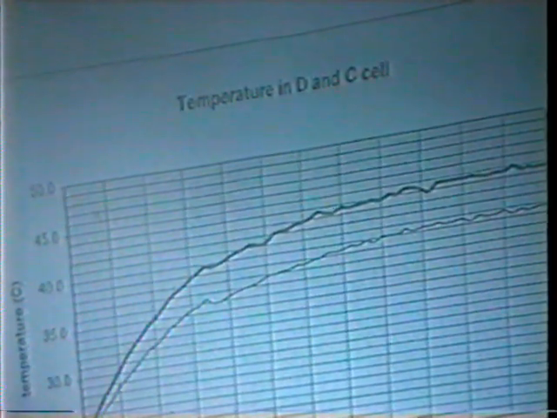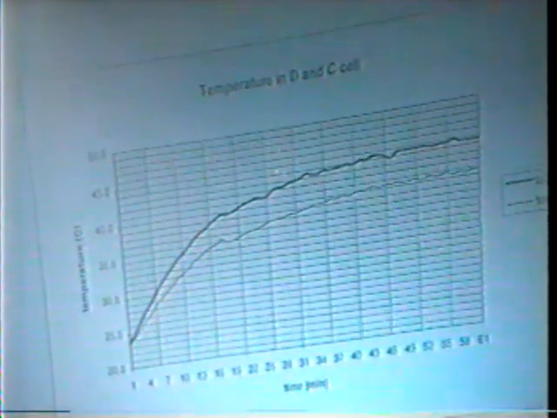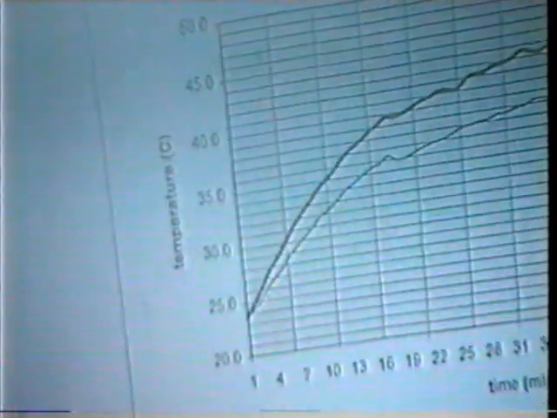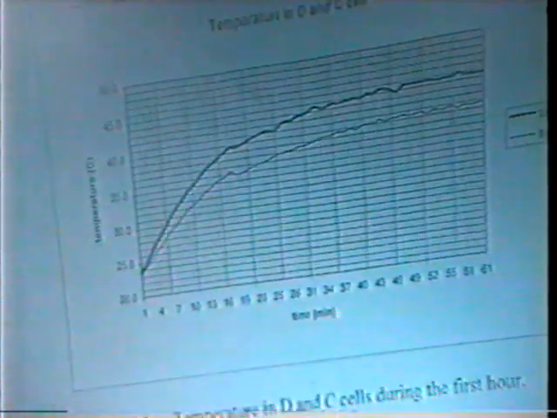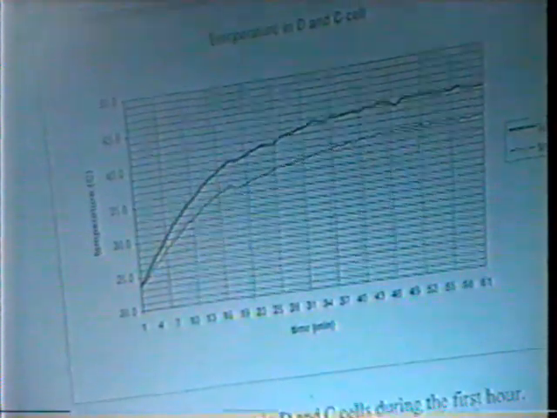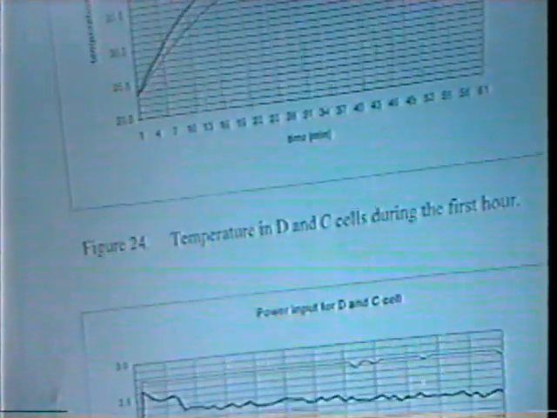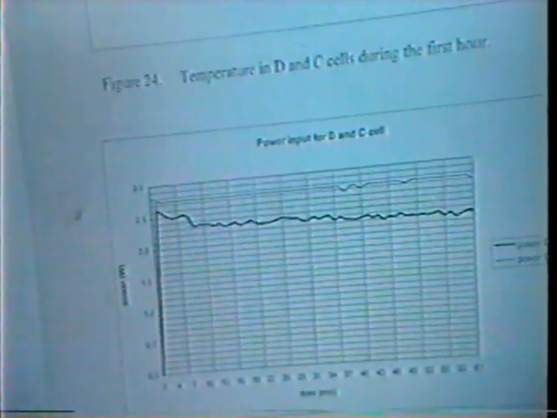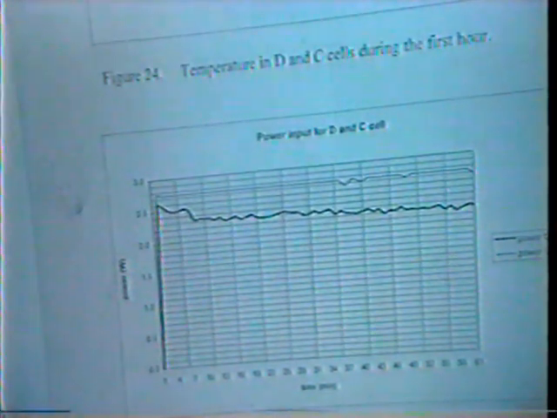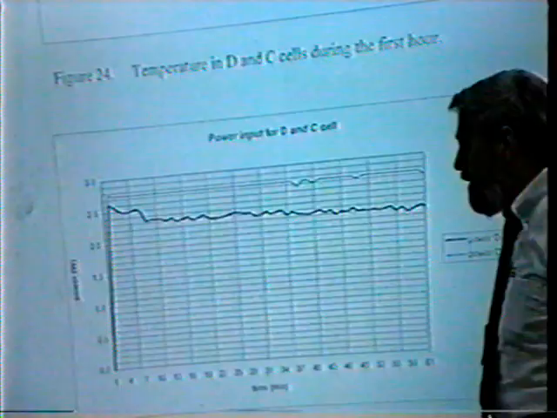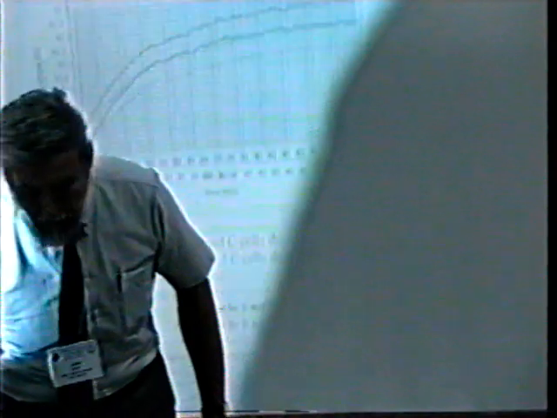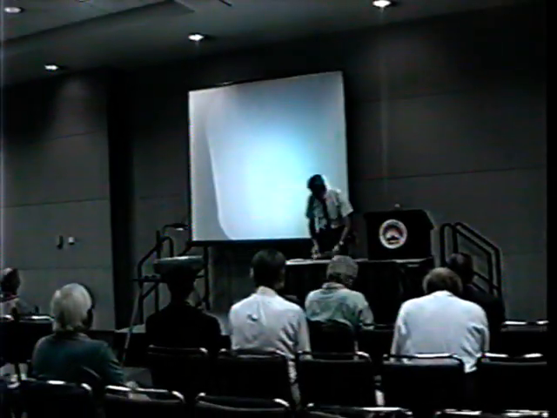So what he found was that he could get a higher temperature from the heavy water cell after the order of minutes, even though the power input was about half a watt less. So simple calorimetry says that he has at least a half a watt excess heat here. So the question is, how reproducible is this? And that's what we have attempted to find out.